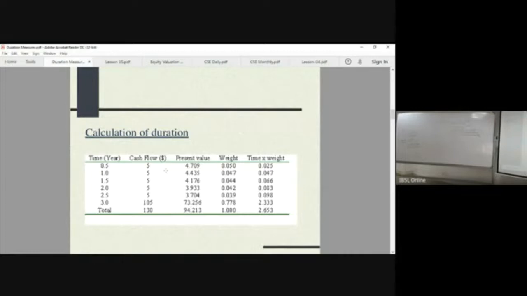That 105 into e to the power 3 into 0.12. 3 into 0.12 is 0.36, but it has to be e to the power minus 0.36. And that is 0.6977 multiplied with 105, which is 73.256.